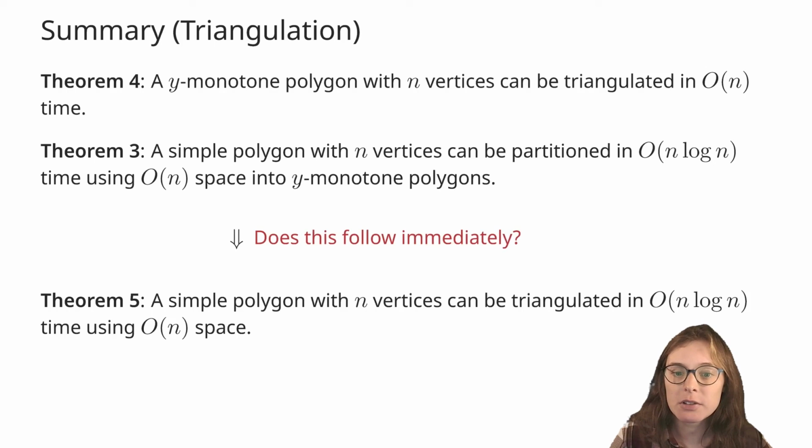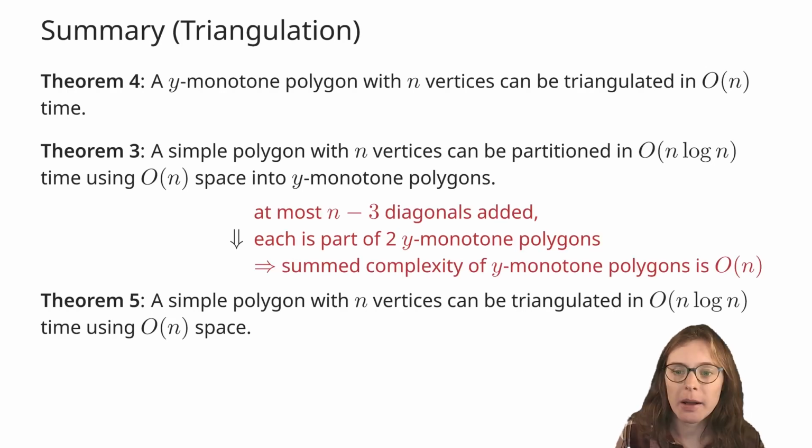Question, does this result follow immediately? We are splitting a polygon into multiple y-monotone subpolygons, and each of them can take linear time to triangulate. Again, if we're doing counting carefully, we can charge each operation to a vertex or to an edge and show that each edge and each vertex gets charged only a constant number of operations.